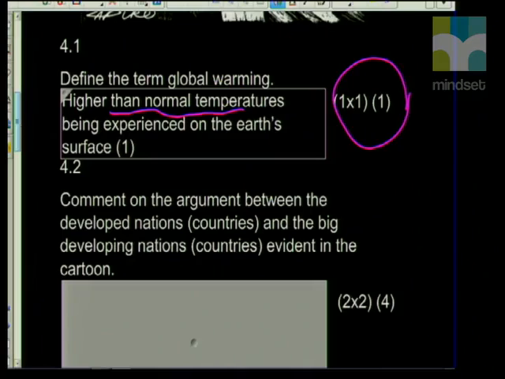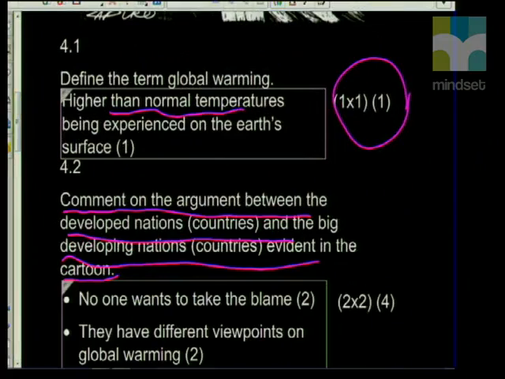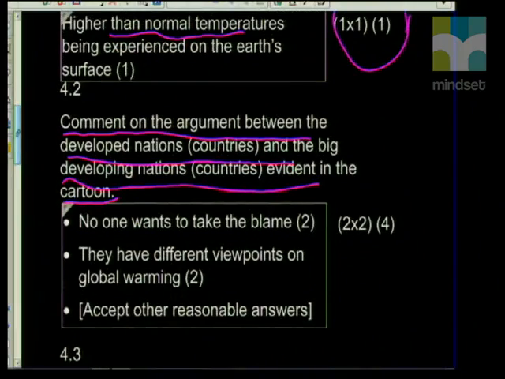Comment on the argument between developed and developing countries, which is evident in the cartoon. Let me just go through this quickly and check here. The question itself, maybe there's a few words there.